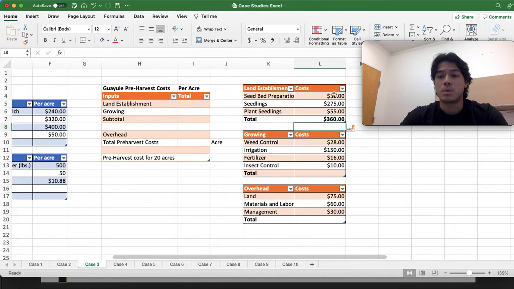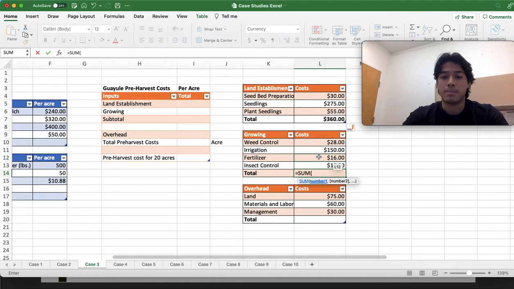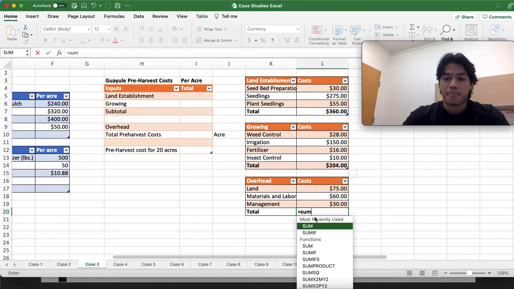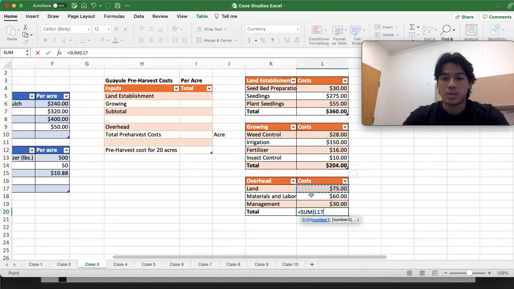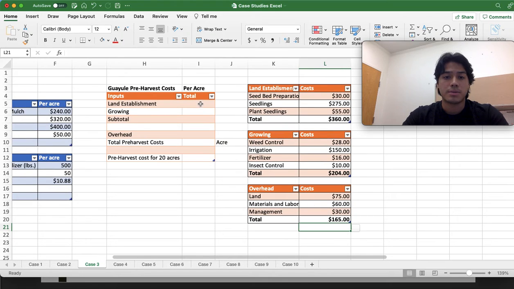So that's going to be the total cost of the land establishment. Moving on to the growing, we need to use the sum formula, select your range. That's the cost of the growing. And in order to get the cost for the overhead, you just do the same thing. And now you have your answers.